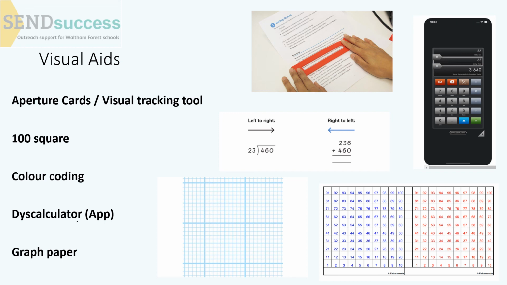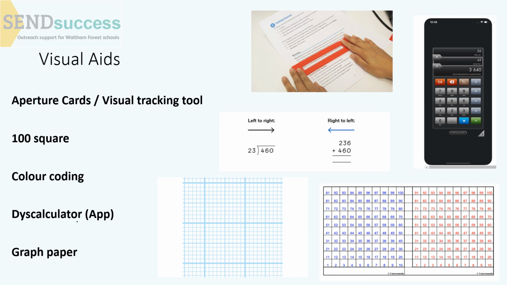A learner with left-right confusion may perform calculations in the wrong direction, so you can help them by highlighting directions with colours and arrows. I've added an app here called Dyscalculia, which may be helpful, as it reads out a number and presents it as a worded number, as well as illustrating number as bars.